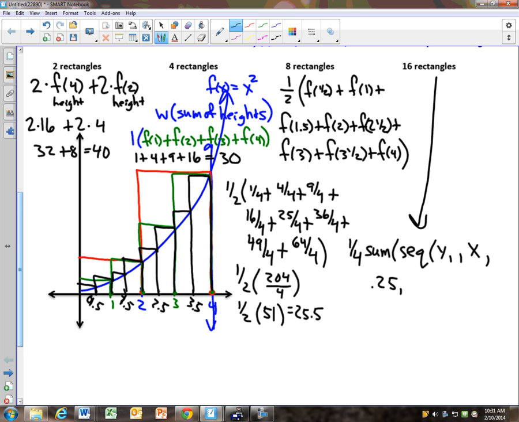Not always. Only because we're starting at 0. If we were starting at 1, it would be different. If we bounded from 1 to 4, yeah, you'd have to add the 1 on.